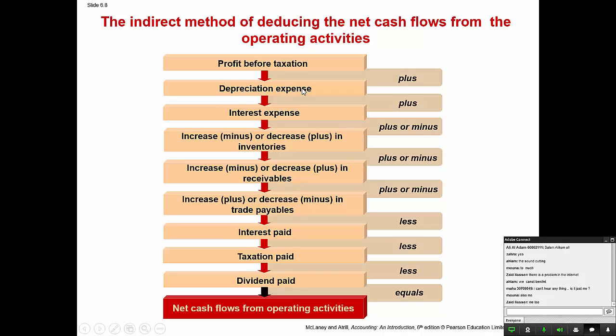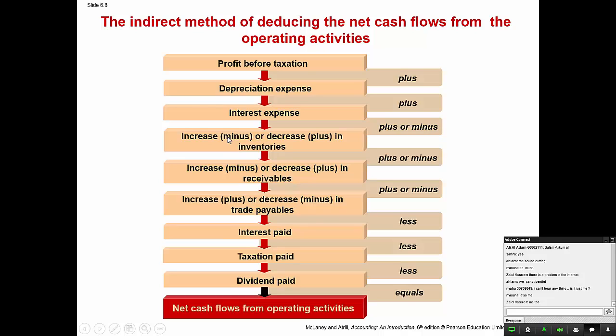Okay, and then after that the inventory. If the inventory increased in the period, then we need to deduct this increase. If the inventory decreased, then we need to add this decrease.